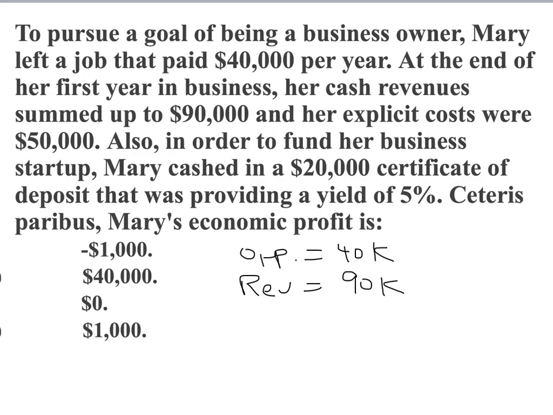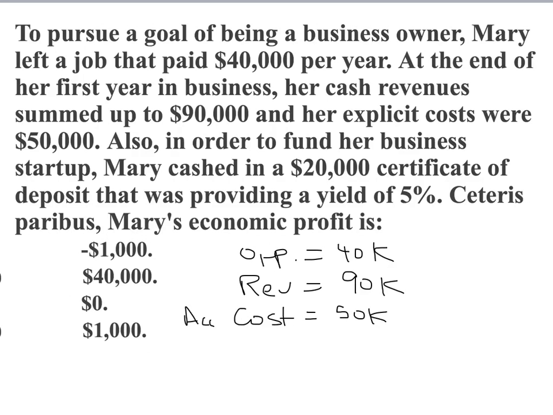And her explicit costs, that means the cost of production, were $50,000. So let's put that in the cost category. Let's call this accounting costs, and this would be $50K.